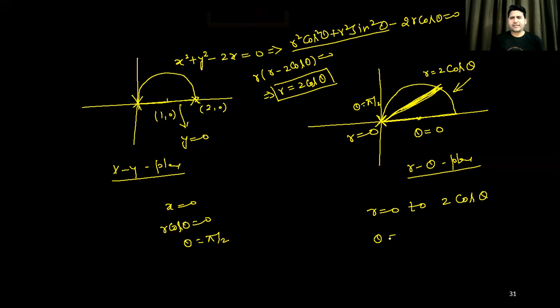What about theta? The rotation of this strip starts from the x-axis to here. The rotation of this strip inside the region is like this, like this. This is theta 0, this is theta pi by 2. So theta will be 0 to pi by 2. So these are the new limits for the given integral.